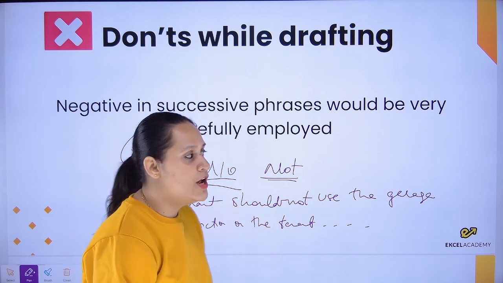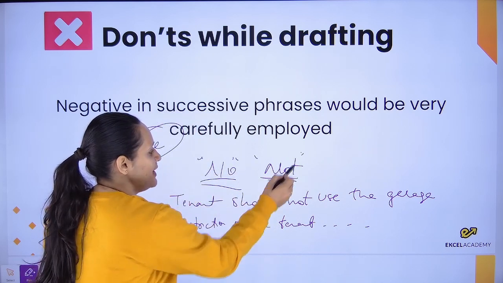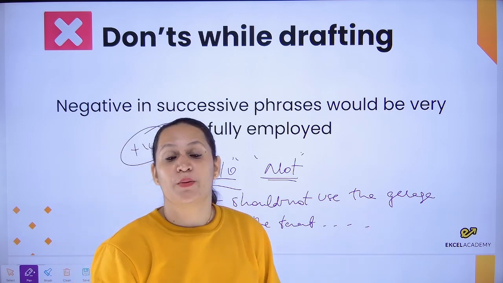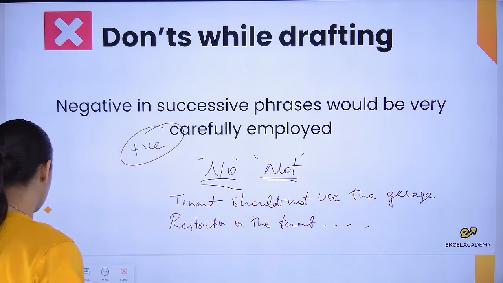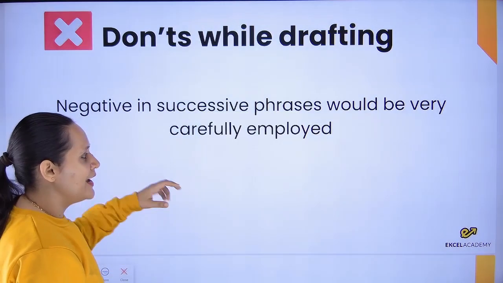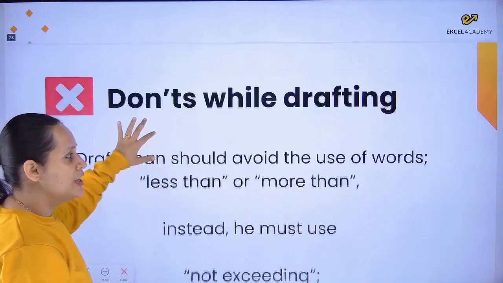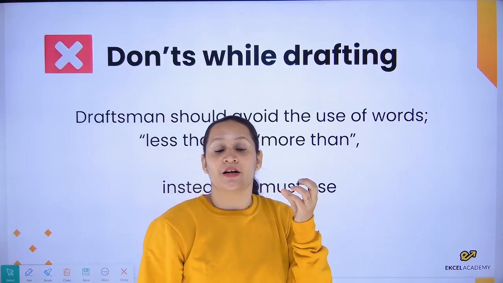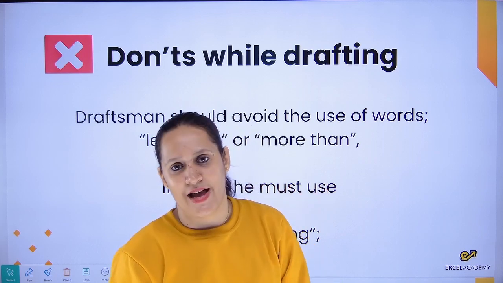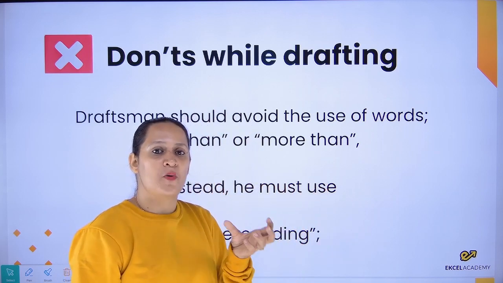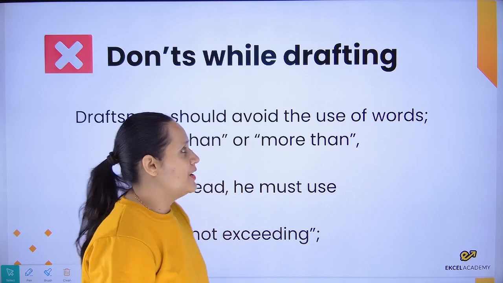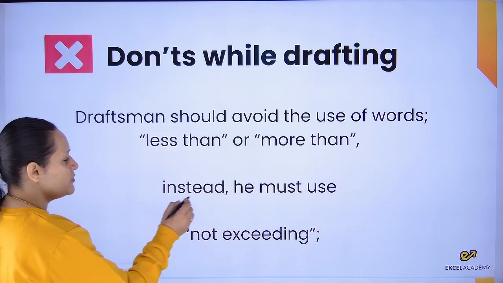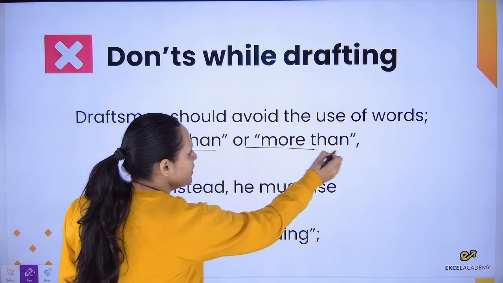Negative words like no, cannot, or all those terminologies should be avoided in legal documentation. You have to communicate. There will be restrictions when you are drafting legal documents, but you should not keep negative elements or negative language. You can construct the sentence in a positive way as well, and positive sentence framing should be utilized. Next, the draftsman should avoid the use of words like less than, more than.